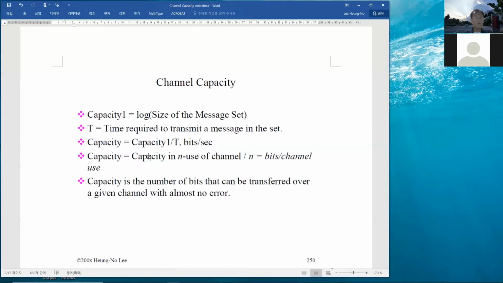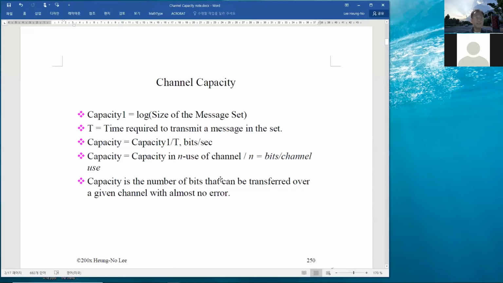You have to use this frequency and time in order to send your message. In such a case, we can define a single use of time and frequency of the physical channel. Then we can say that is a single channel use.